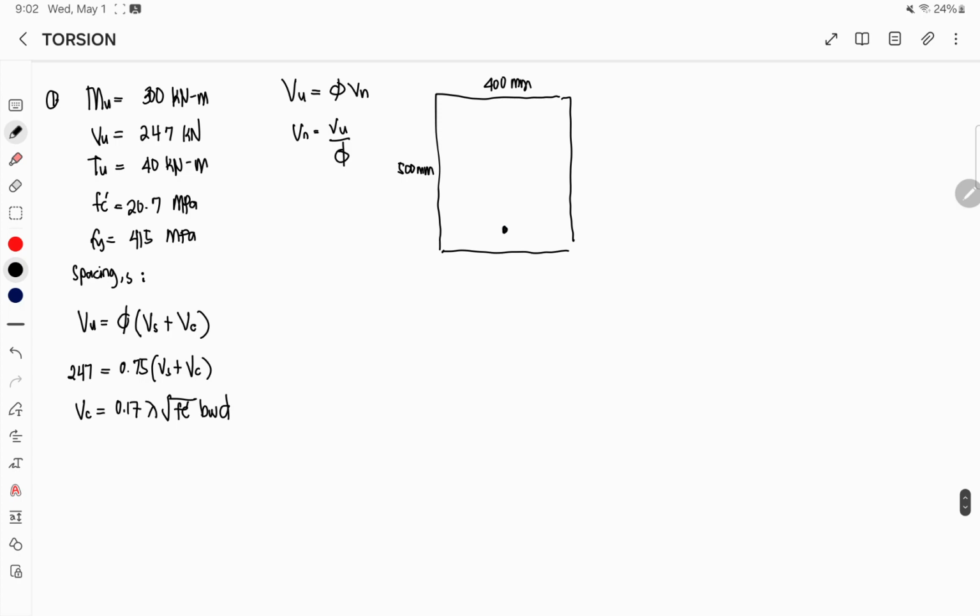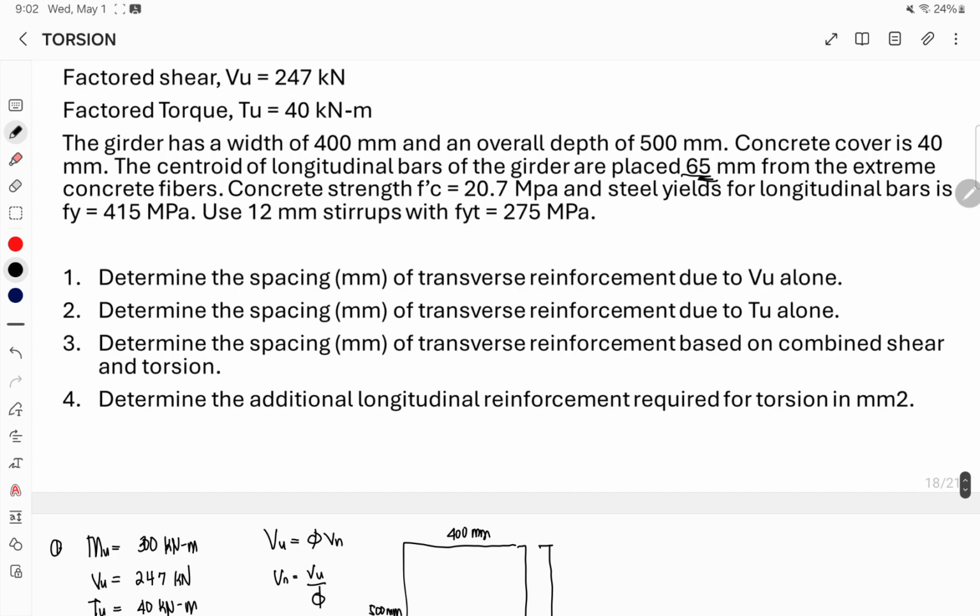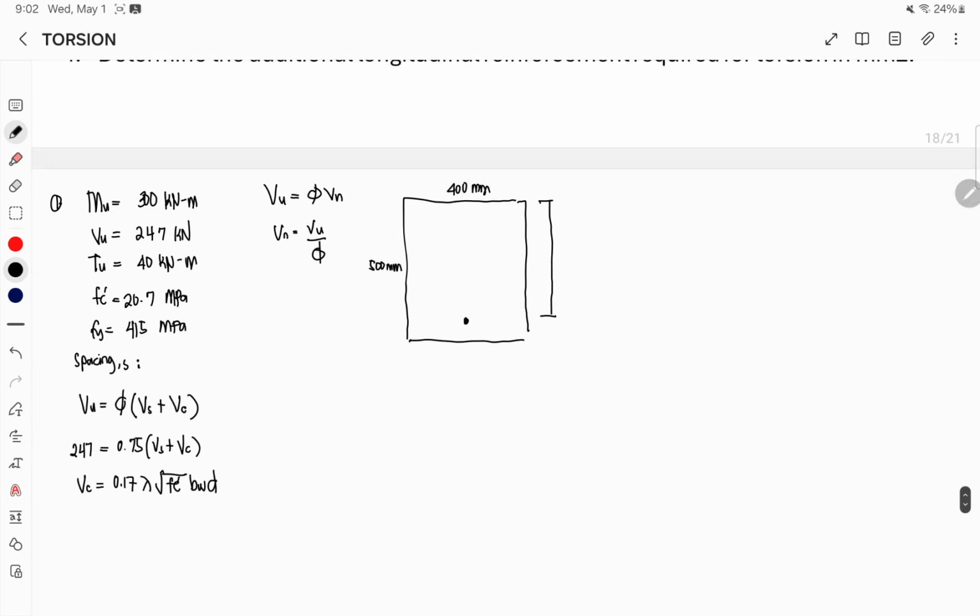For the effective depth, the problem says the centroid of the longitudinal bars is placed 65 mm from the extreme concrete fiber. Therefore, our d is 500 minus 65, or 435 mm.